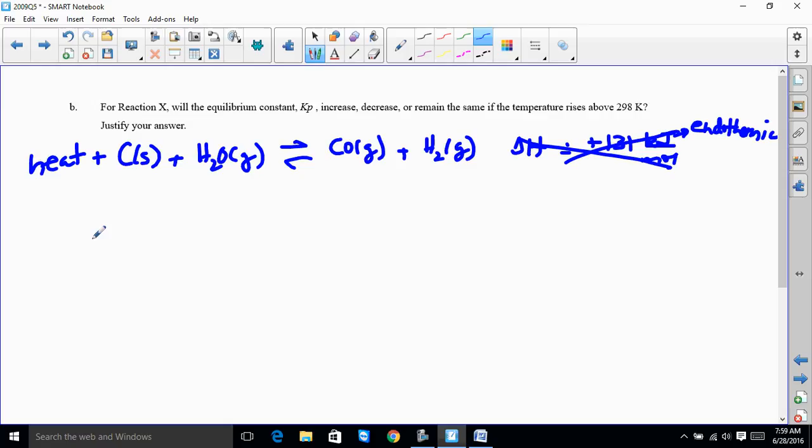So it's a reactant. Now the question is, and this is Le Chatelier's principle, they love Le Chatelier's principle. If the temperature increases, the stress that you applied to the equilibrium is that you made the reaction vessel, whatever it is, a beaker or a flask or some kind of cylinder with a piston, hotter. You increased the temperature.